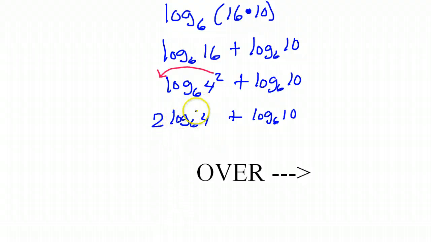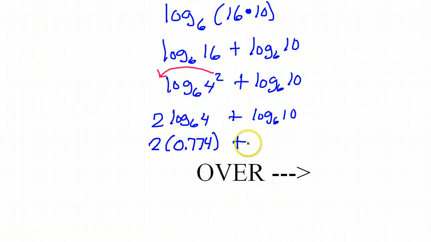Okay. Now we have the decimals for these. So this is 2 times, this is your 0.774, and this is the other one, 1.285. Okay, bootleg calculator time.